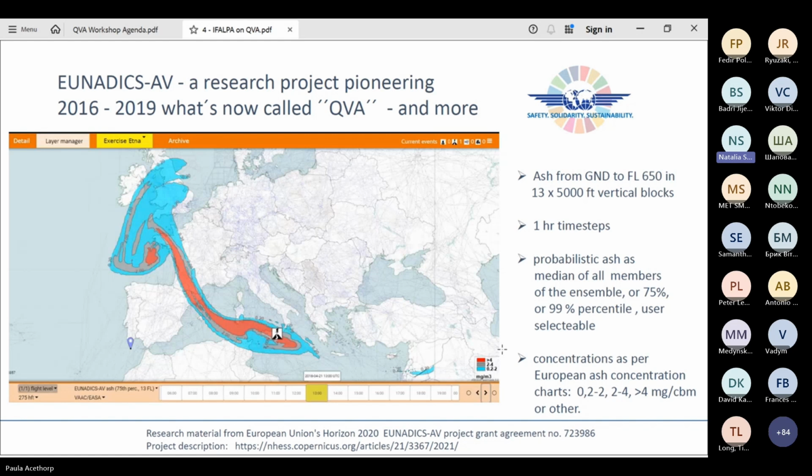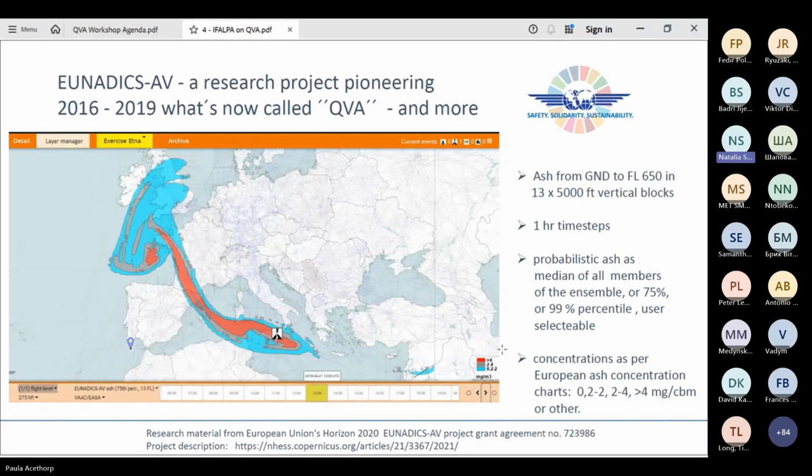And we had what is now called QVA, quantitative volcanic ash, just another version. Nowadays, QVA comes with 5,000 feet blocks of airspace. Well, we had that in EUNADICS. We had 1 hour time steps between forecasts, and that's a finer resolution than we will get at QVA.